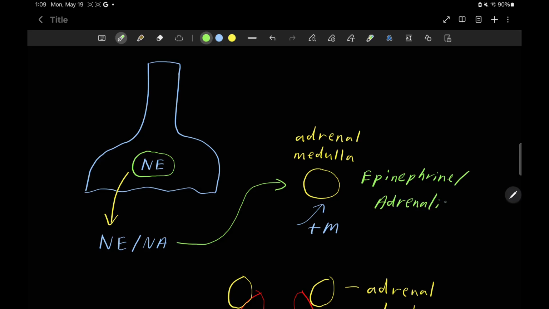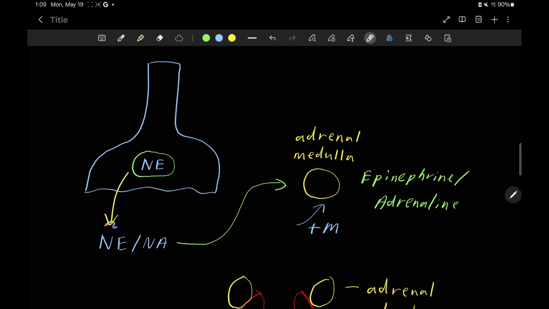So it turns norepinephrine into epinephrine, or noradrenaline into adrenaline. Just like how norepinephrine and noradrenaline are two names for the same thing, epinephrine and adrenaline are also two names for the same thing. And they are created by adding this methyl group to norepinephrine and noradrenaline, and this happens in the adrenal medulla.